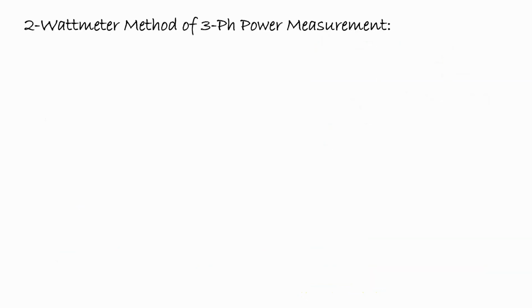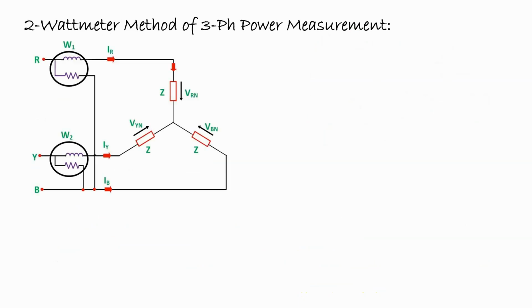So let's discuss the two wattmeter method of the three-phase power measurement in detail. First of all, here is a circuit diagram where we have already mentioned that the current coil of the first wattmeter is connected in series with the phase R, and its pressure coil is connected between R and B, and the voltage between R and B is considered as the line voltage.